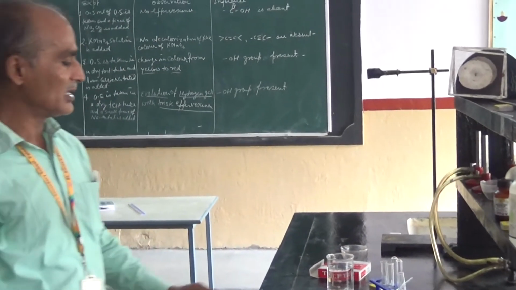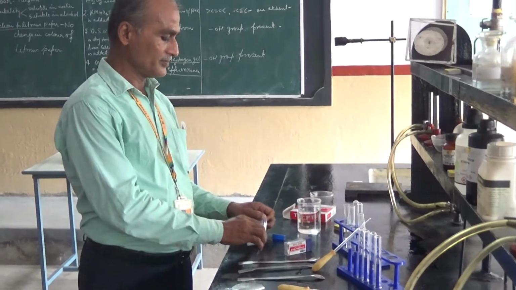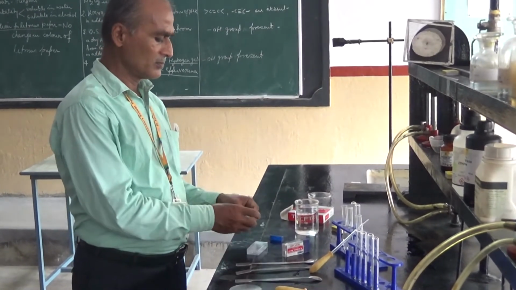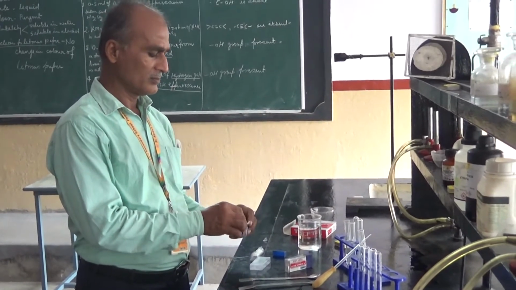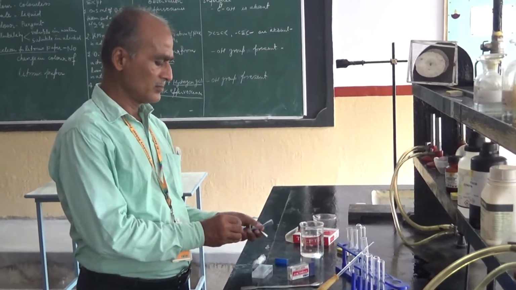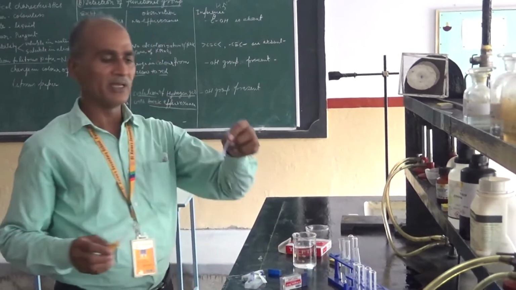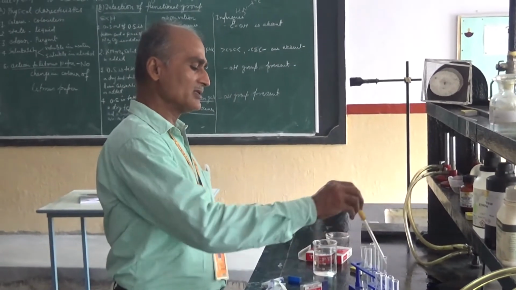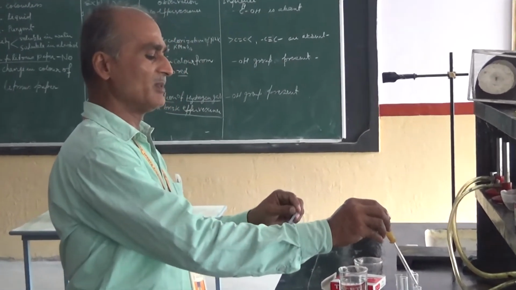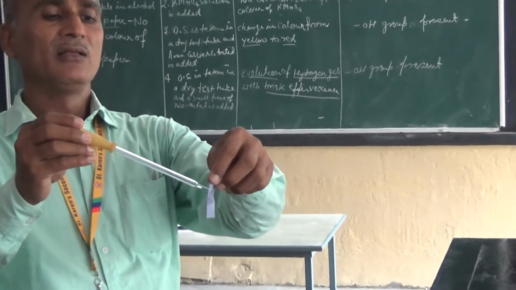Then you will test with litmus paper. This is your blue litmus paper. Add a few drops of organic sample on the litmus paper and observe the change in color.